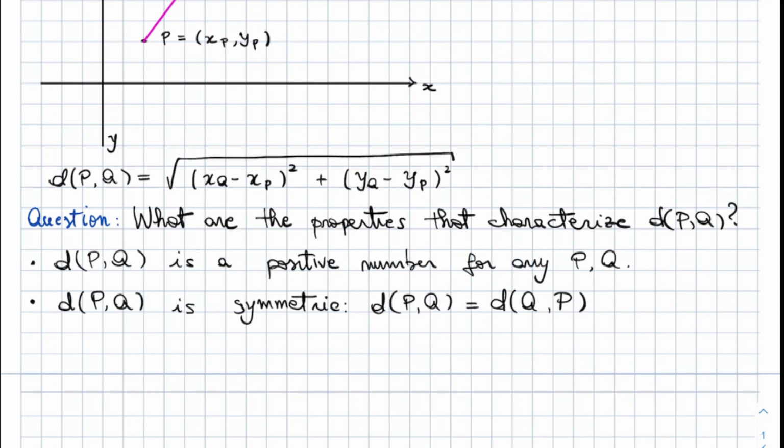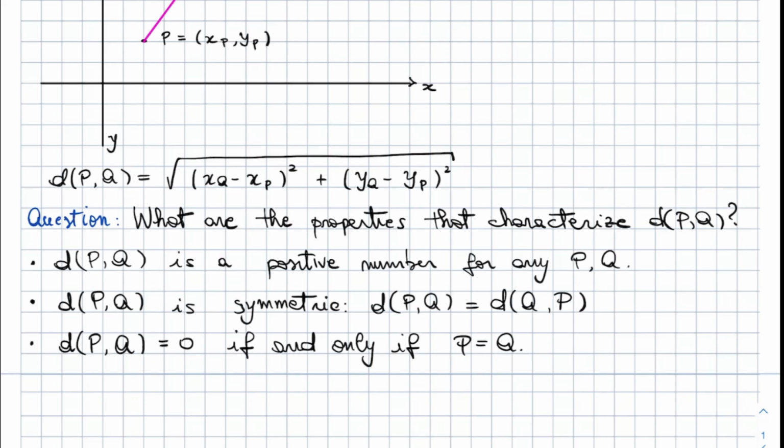The third property is that a distance must be able to distinguish between 2 points. Mathematically, what we mean by this is that the distance between P and Q is equal to 0 if and only if P is equal to Q. Mathematically, this is once again clear from the formula we have here, because we're taking a square root, and we know that the square root is 0 if and only if the argument is 0.